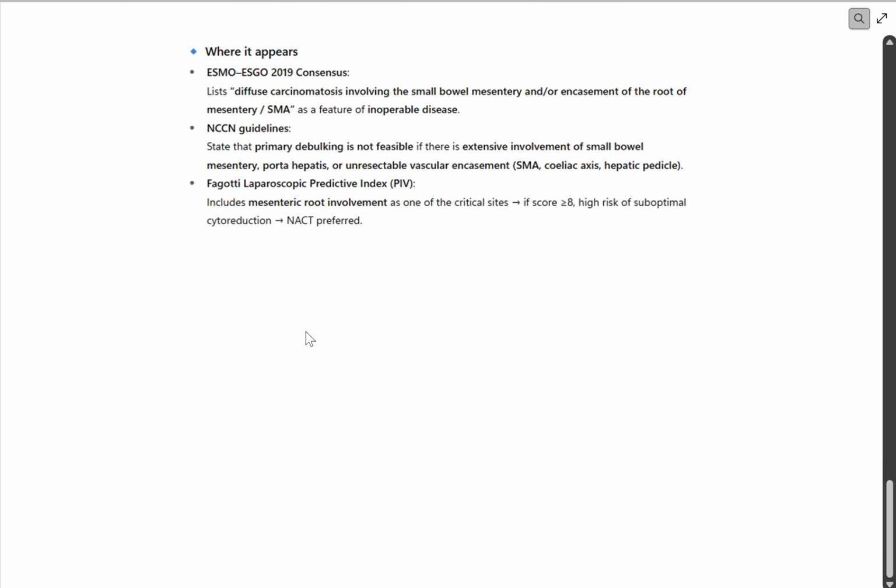Now, the most important thing in deciding if the ovarian cancer is operable or not is to look at the Fagotti laparoscopic index, where a score of greater than 8 is operable and a score of less than 8 is inoperable.